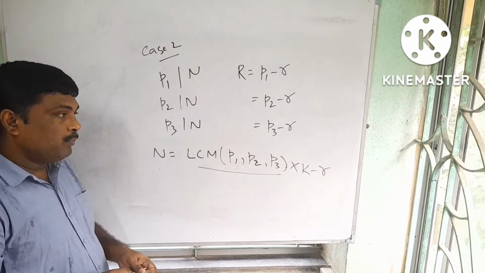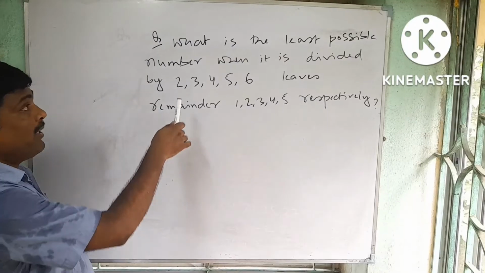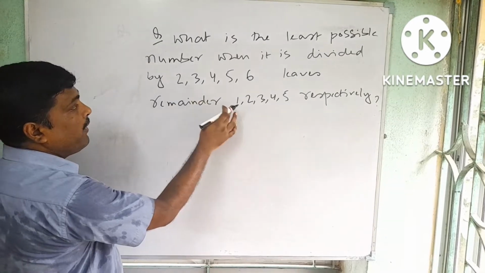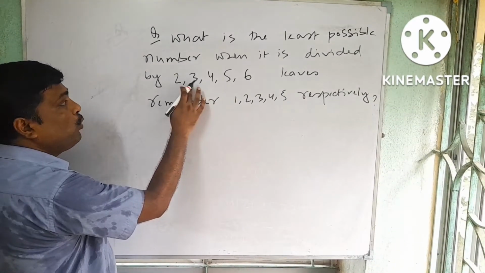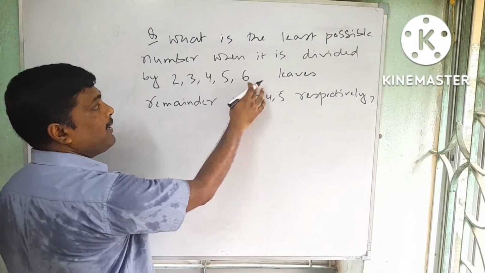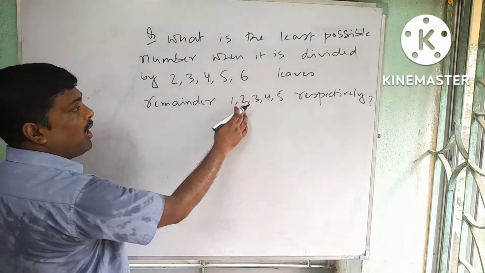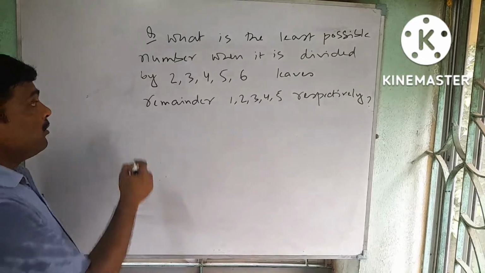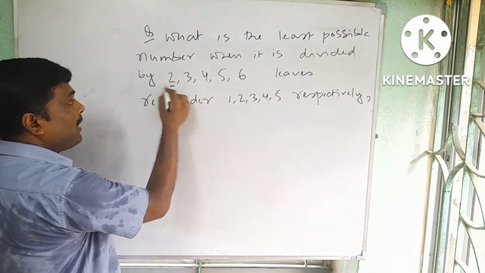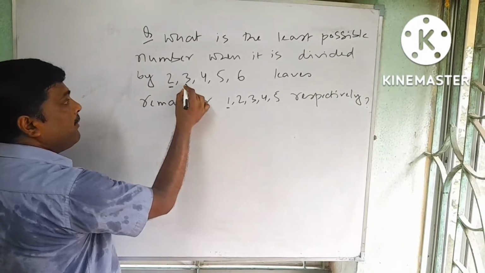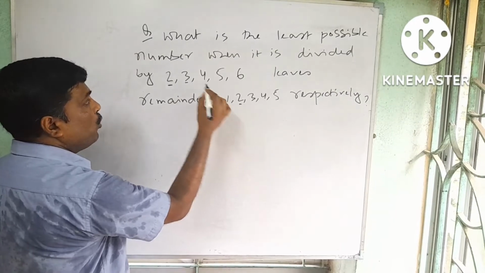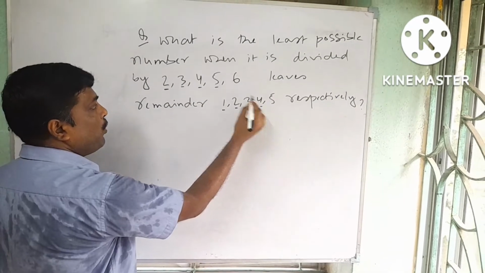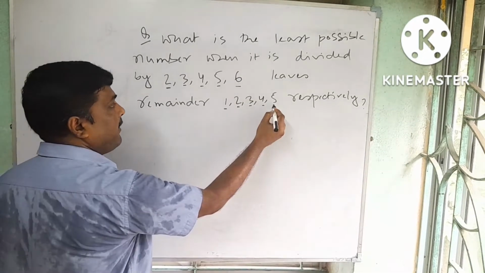Okay? What is the least possible number when it is divided by 2, 3, 4, 5, 6 leaves remainder 1, 2, 3, 4, 5 respectively? So we are dividing that number by 2, remainder 1, dividing by 3, remainder is 2, dividing by 4, remainder is 3, dividing by 5, remainder 4, dividing by 6, remainder 5.